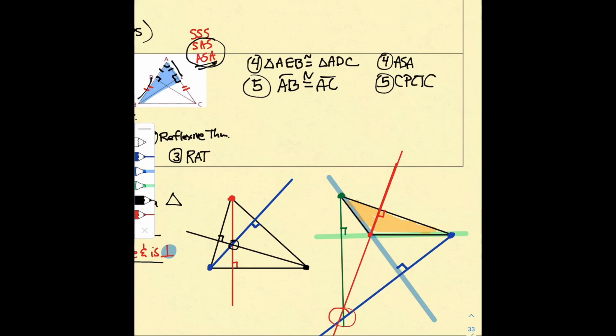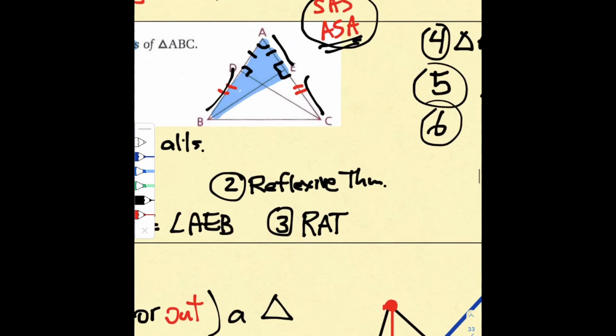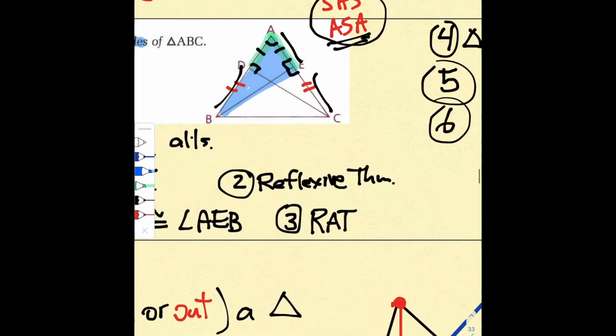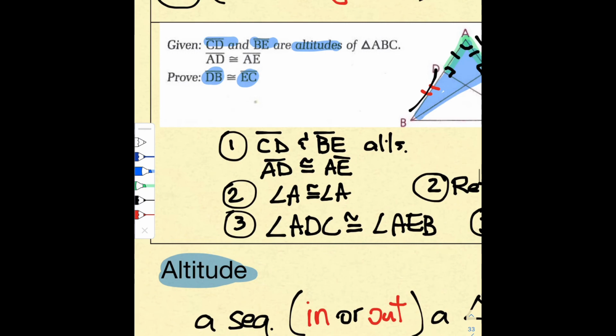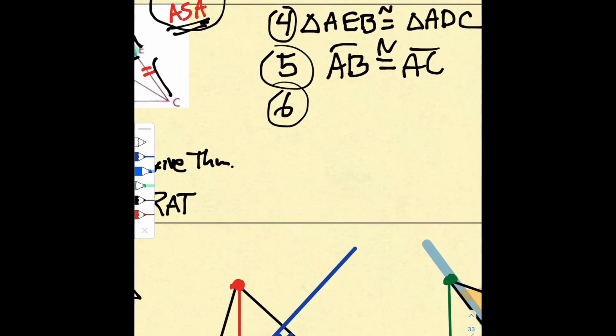And finally, last but not least, line 6. We can now cut out that piece that is congruent, right? AD and AE. I can remove those two pieces, leaving me just the outside pieces here. All right? Which is what we were after, right? They wanted us to prove DB and EC are congruent.